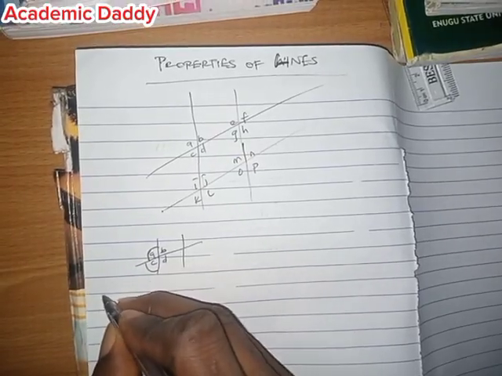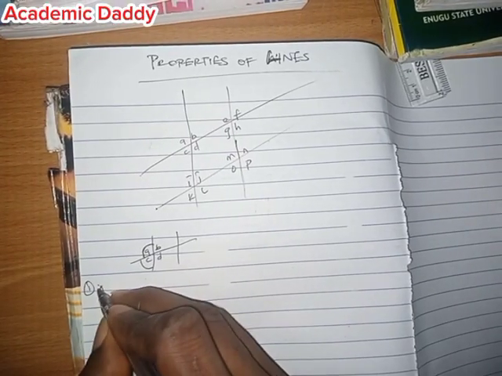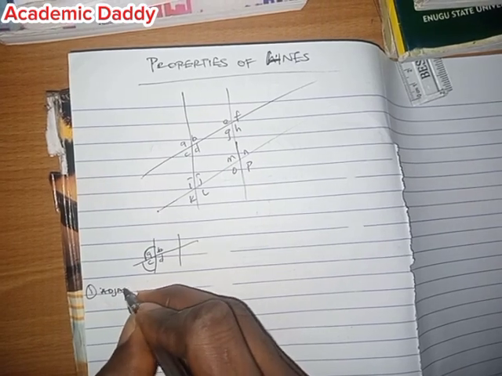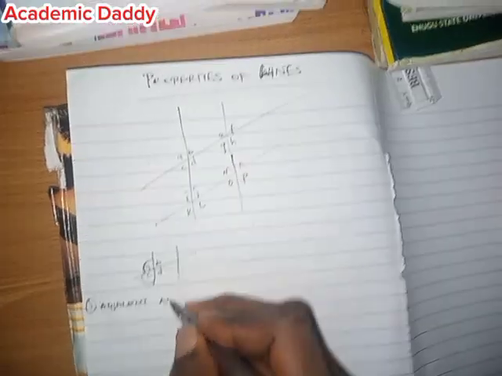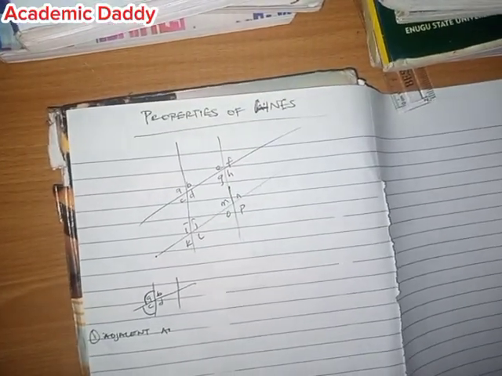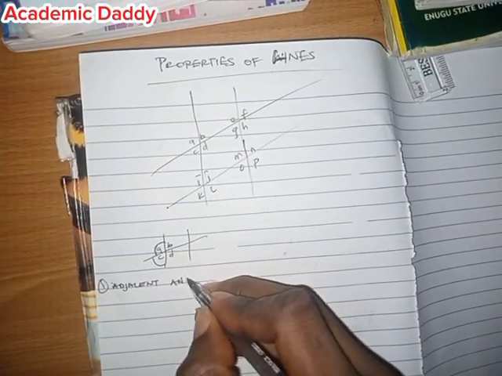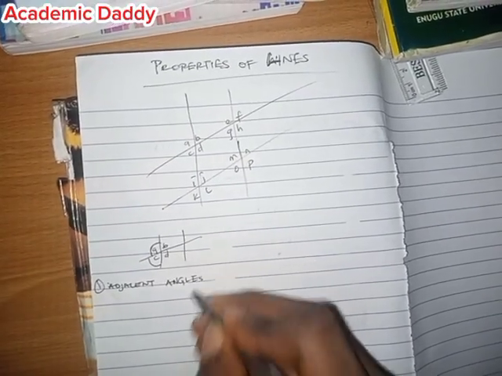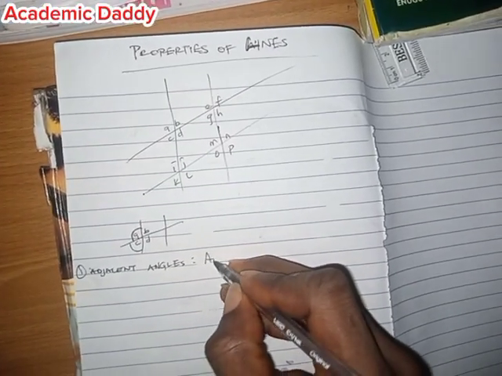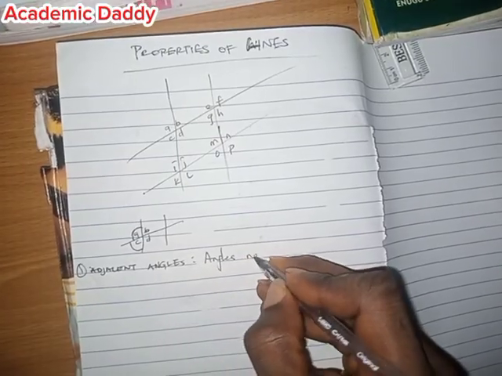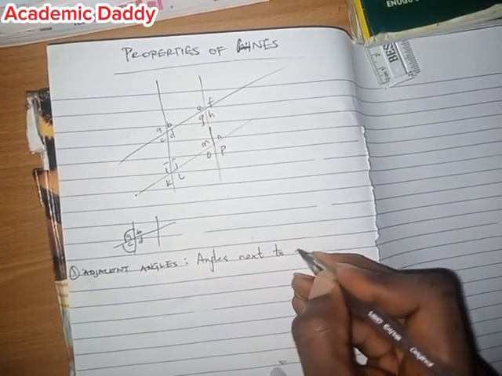So the first property I want you to take note of is adjacent angles. Adjacent angles are angles next to each other.